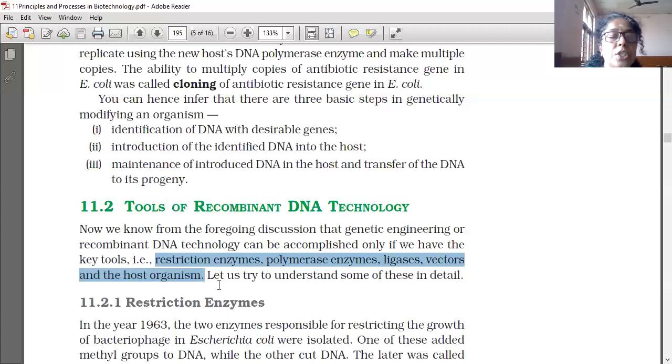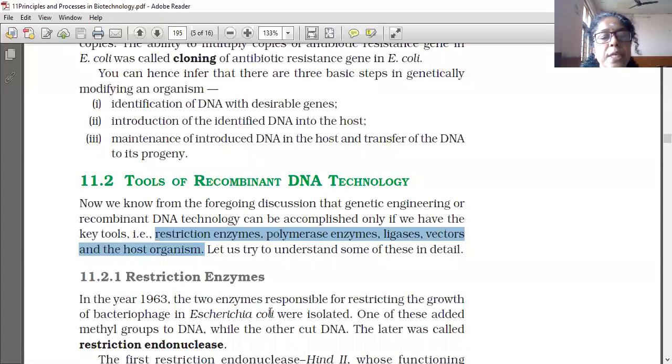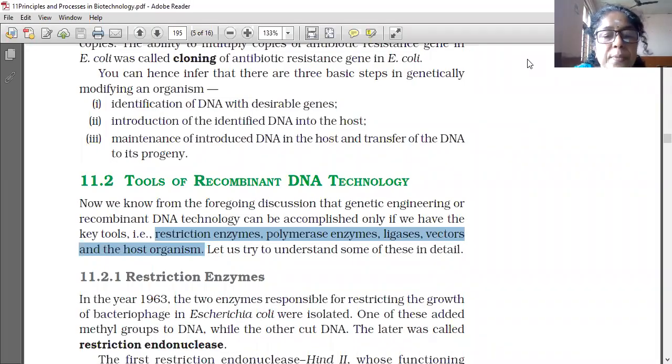The first one is restriction enzymes. We learned about them in the last session, but now we will learn in detail. In the year 1963, the two enzymes responsible for restricting the growth of bacteriophage in Escherichia coli were isolated.